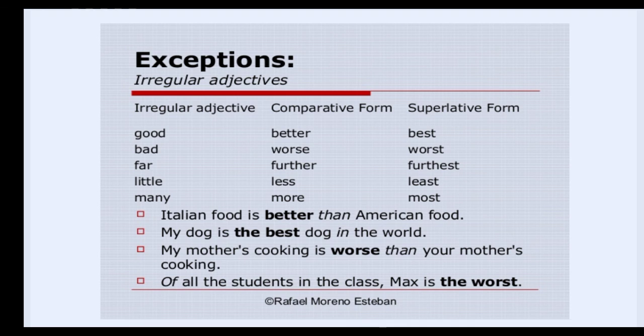There are some specific words which do not follow the same pattern that we have studied earlier, but have a different form. Suppose for good you are not going to write gooder, goodest, but you will be taking better, best. For bad you are not going to write badder, baddest, but you will be writing worse, worst.